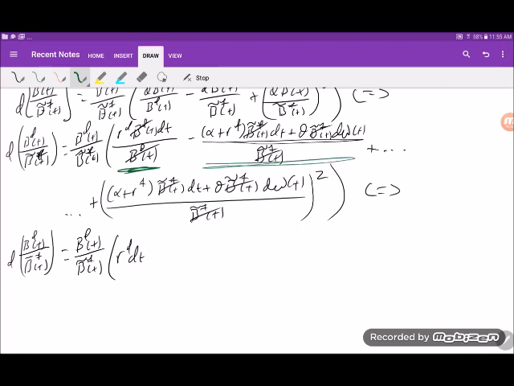This term here, it's important to be careful of that minus there. So you're going to have minus alpha plus RF dt minus sigma dwt, and now this term here.